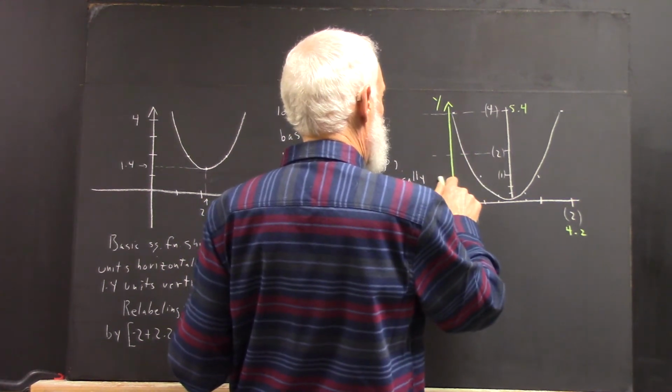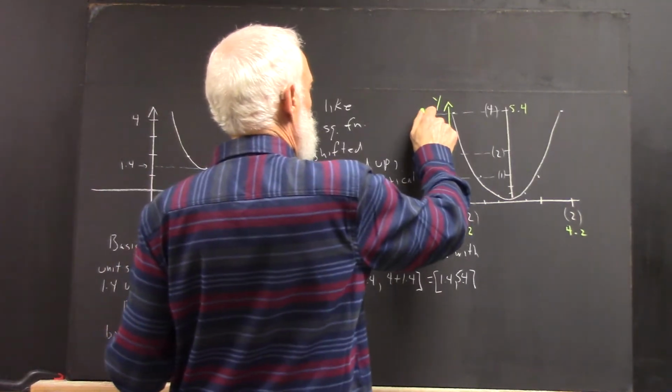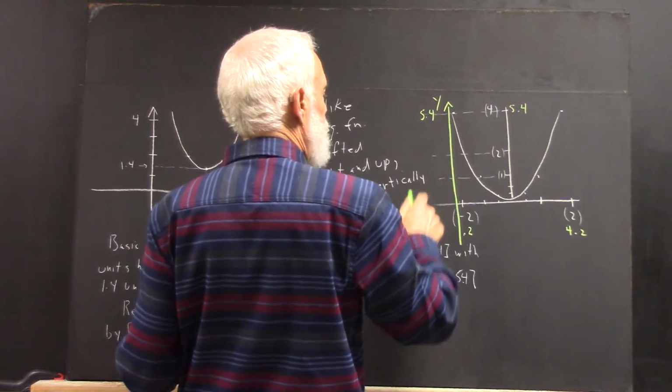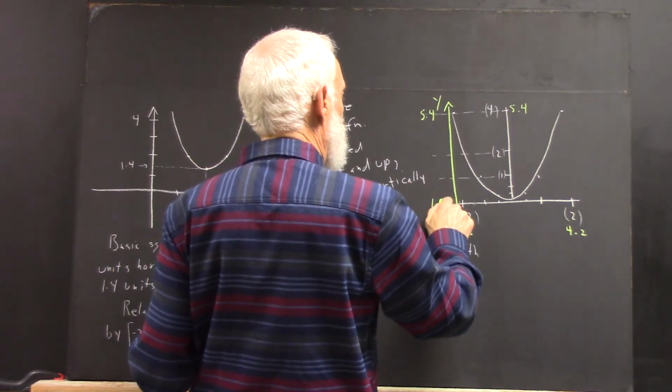Let's do this. Let's label it over here. We're going to put 5.4 here. We're going to put 1.4 here.